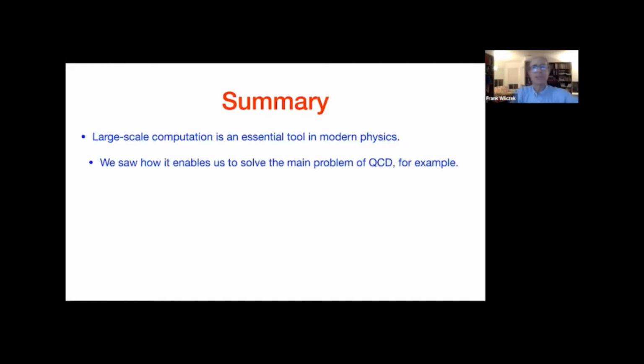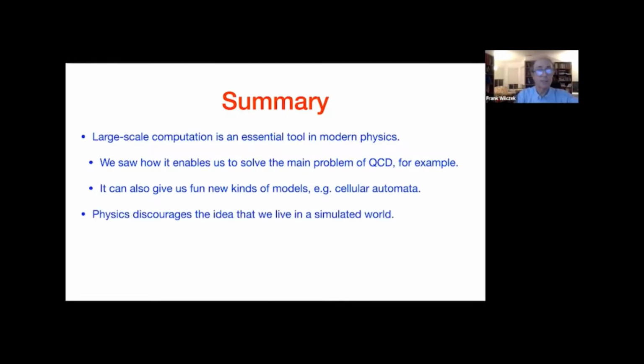We saw how it enables us to solve the main problem of QCD, for example, the mismatch between the elements, the building blocks of the theory, and what you observe in the world. And it also gives us fun new kinds of models, for instance, cellular automata, that can give us new ways of thinking about complex systems.